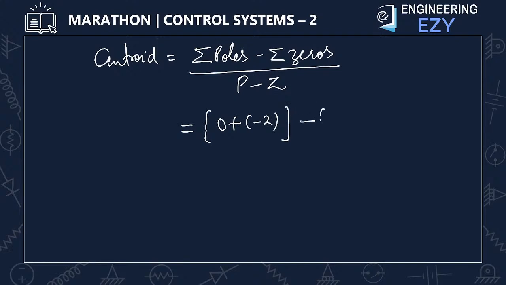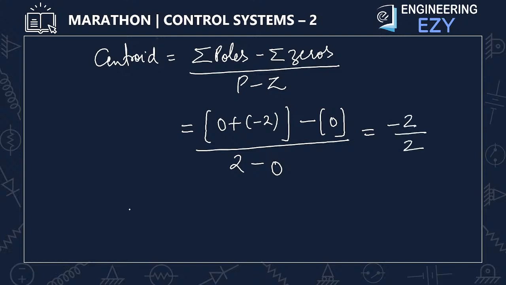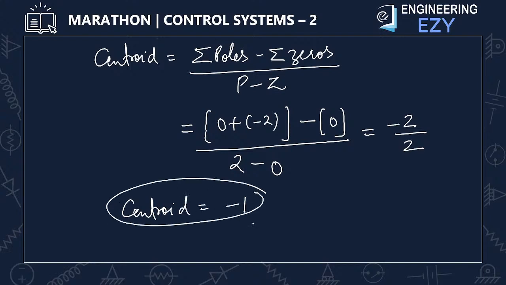There is no zero, so summation of zeros is 0, upon P minus Z. Number of open loop poles is 2, number of open loop zeros is 0. So the answer is minus 2 upon 2, so centroid is coming minus 1.